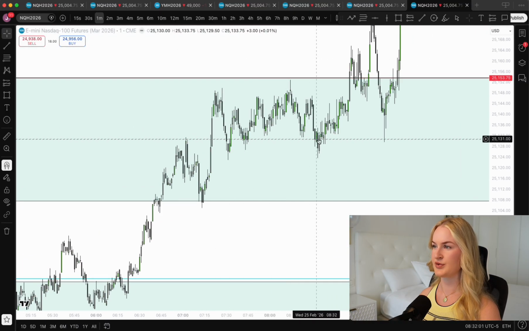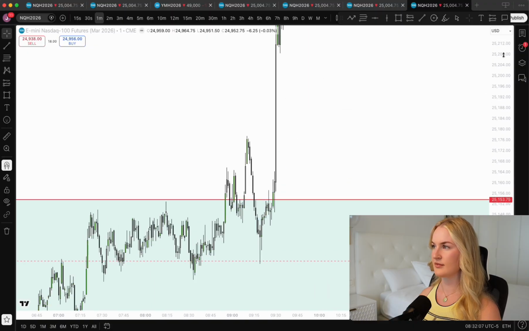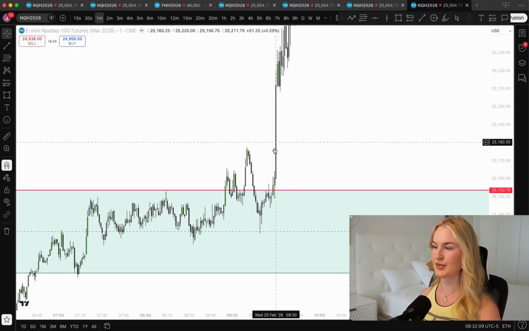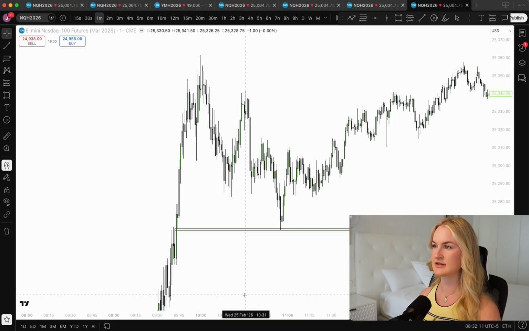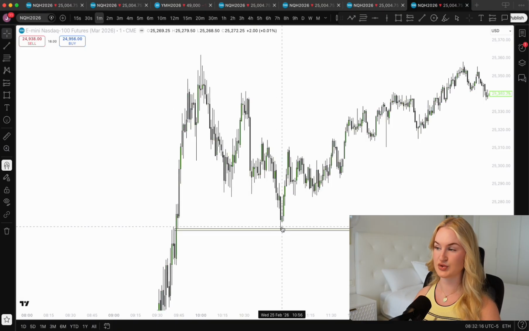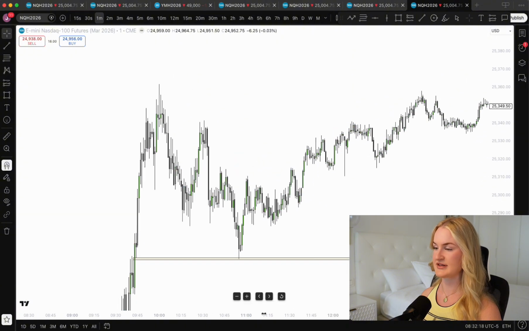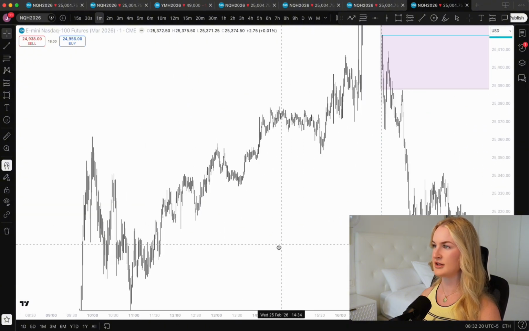Here we find support again as well at the middle point of a new week opening gap. And then we open up at 9:30 and we spool to the upside. Here again, we find support, which I already showed you at the first percentage FVG.